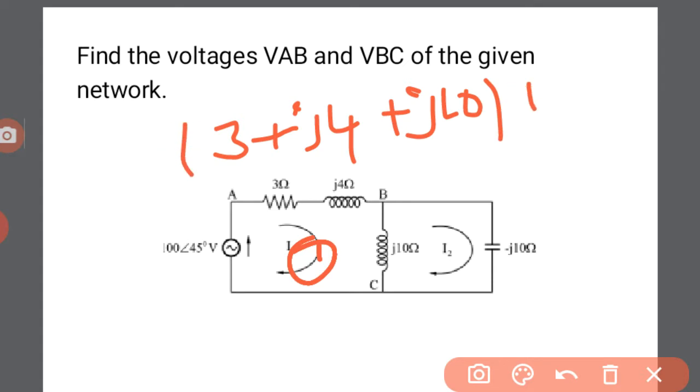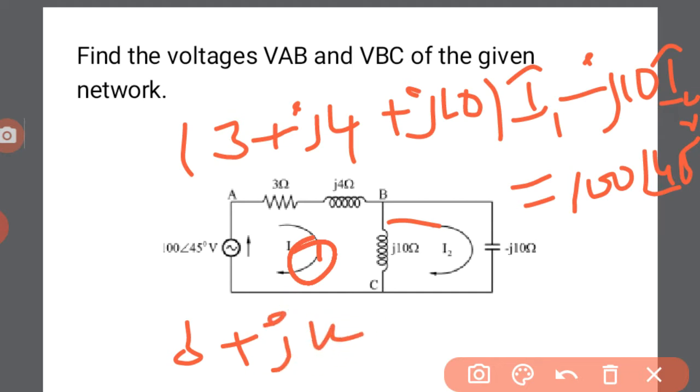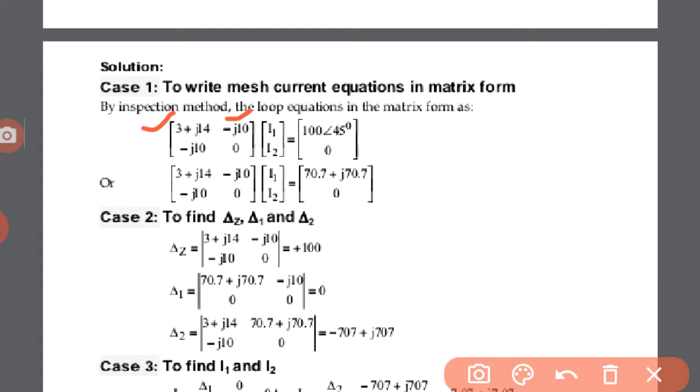From this, the current flowing is I1 minus, since J10 ohms is between loop 1 and loop 2, minus J10 into I2, equal to the voltage 100 angle 45 degrees. So the loop equation is 3 plus J4 plus J10, that is 3 plus J14, into I1 minus J10 into I2 equals 100 angle 45 degrees, for loop equation 1.